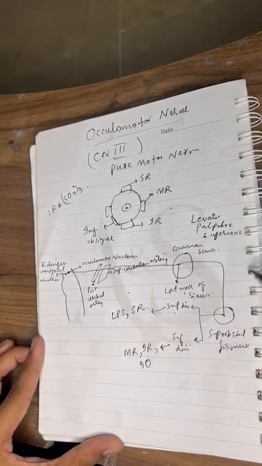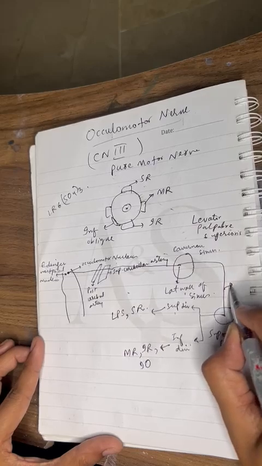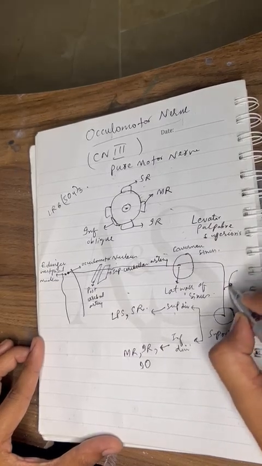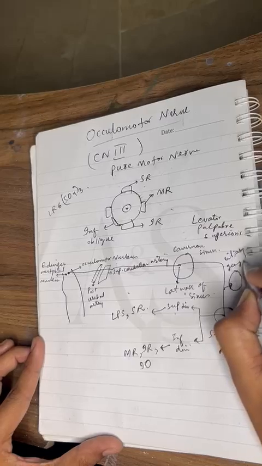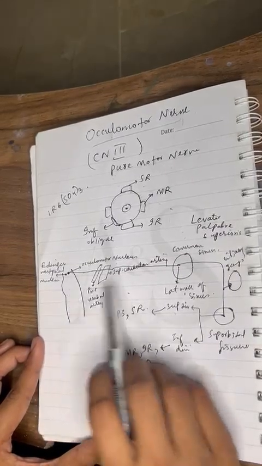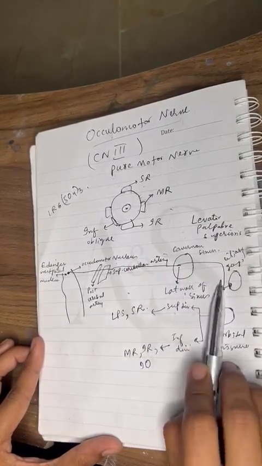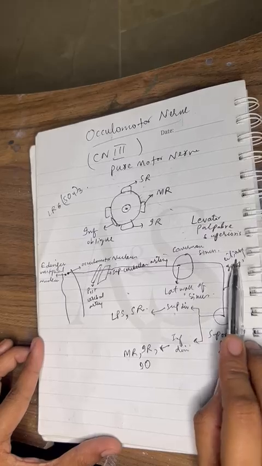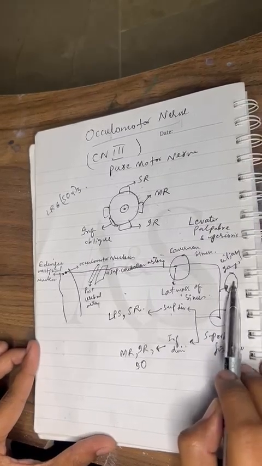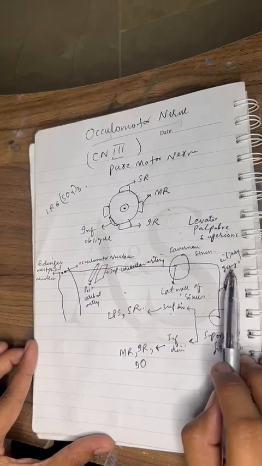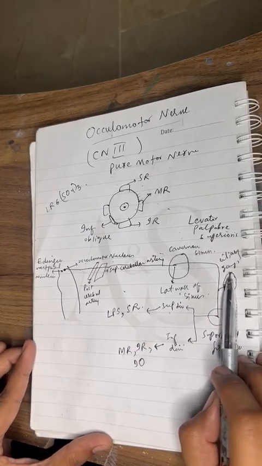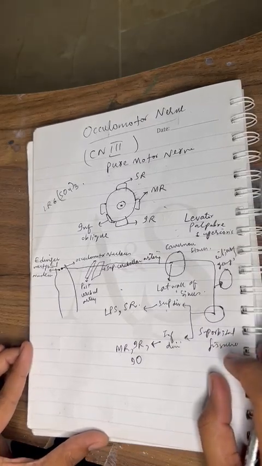After exiting the cavernous sinus, it makes a ganglion called the ciliary ganglion, right? This ciliary ganglion innervates the sphincter pupillae muscles of the eye, which are responsible for constriction of the pupil, right?